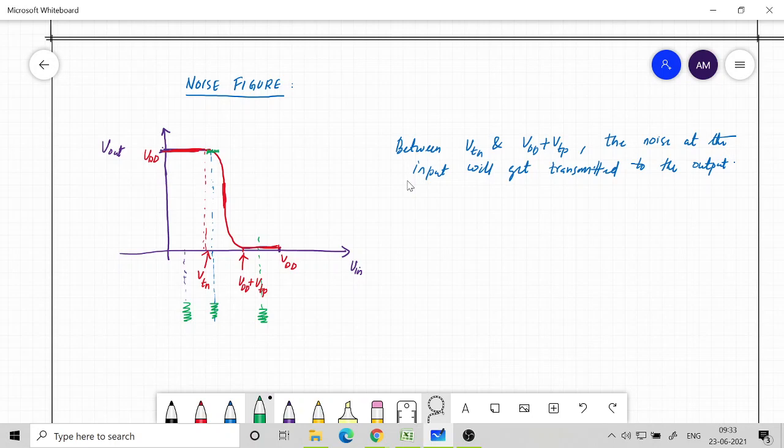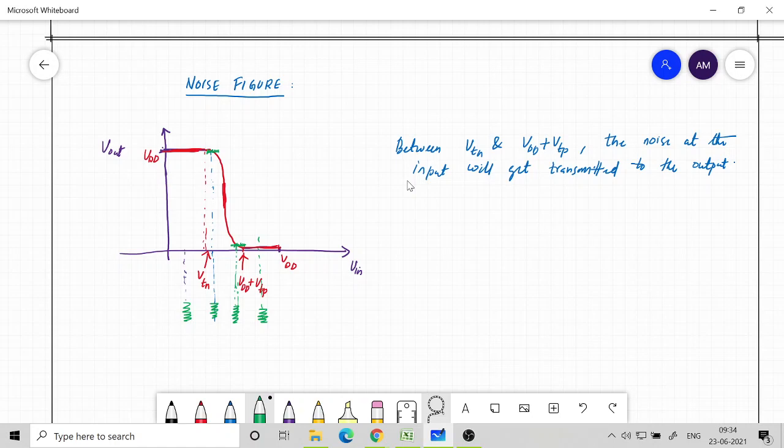So for say a variation of 1 microvolt at the input, we may get something like 1 by 4 microvolt. Similarly, at this edge the same thing happens. So if it is here, you have a noise like this, then the variation is less. That means the noise coming at the output is not really large, it is suppressed to some extent.